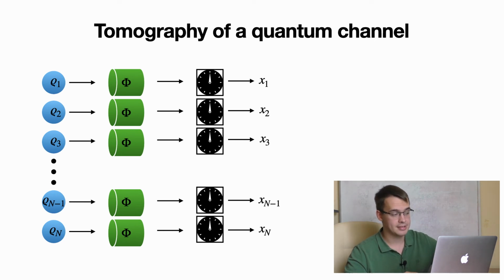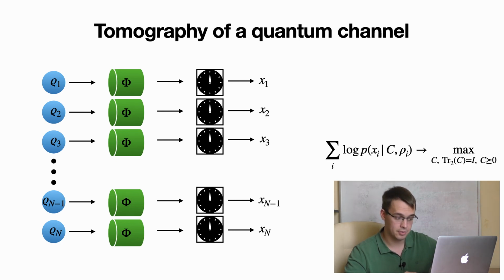Then, in order to reconstruct the unknown quantum channel, we can maximize the following logarithmic likelihood with respect to Choi matrix that parameterizes the unknown quantum channel.